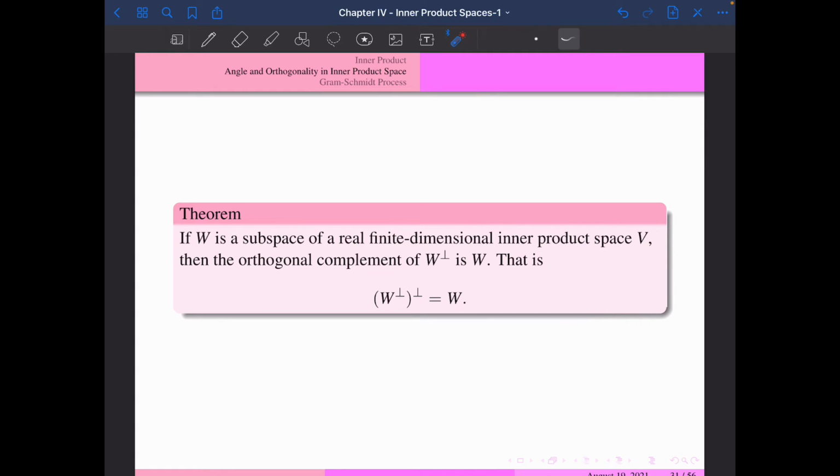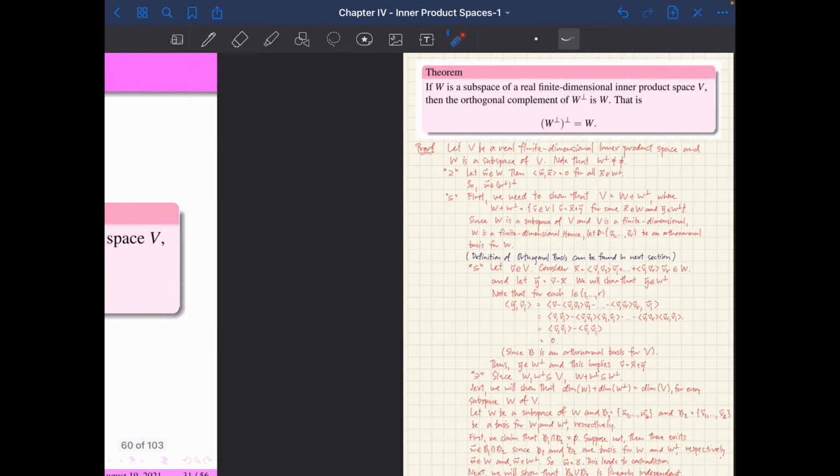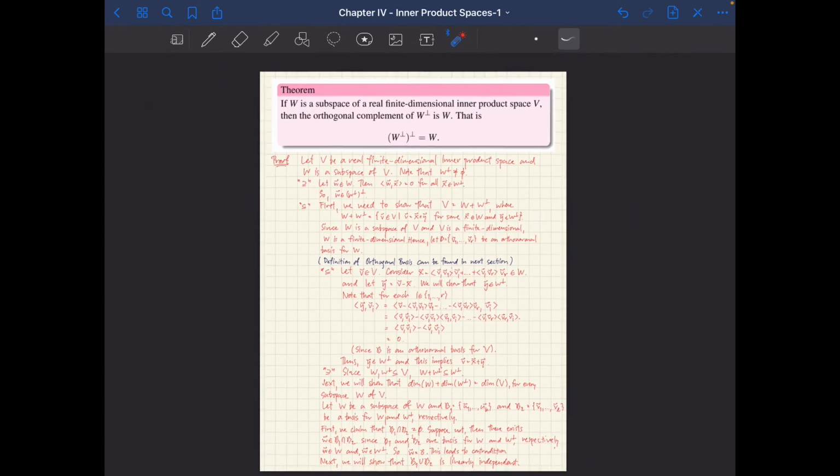We require many steps to prove this theorem. But if you need to read the proof, I will give it to you. The proof is about 2 pages.